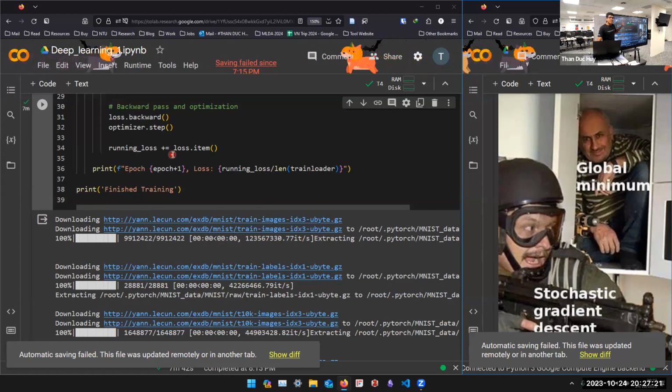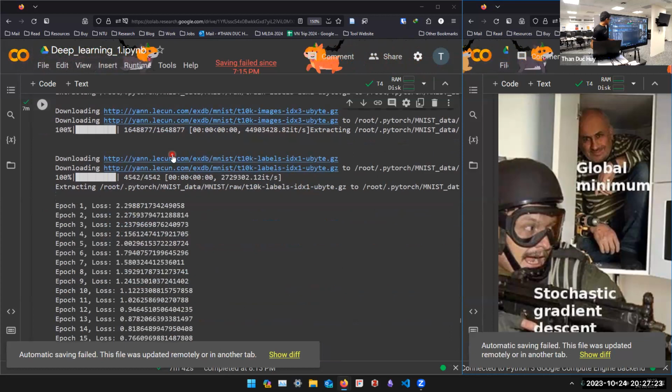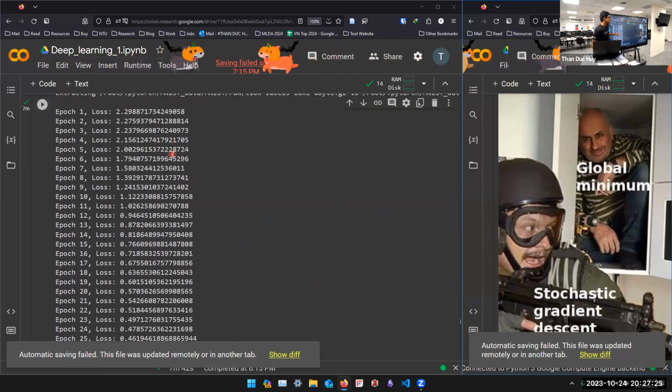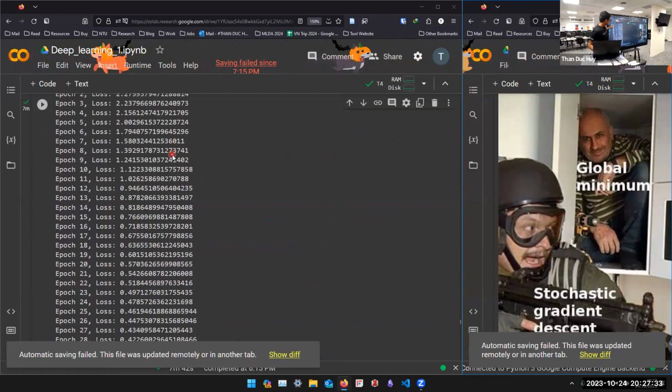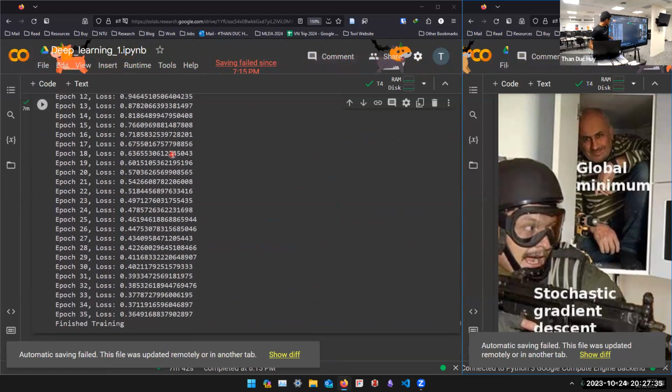So if you do it enough number of times, as you can see here, the loss gradually starts reducing as you update the gradients. And now the loss is 0. If you do some more times, it might go down.